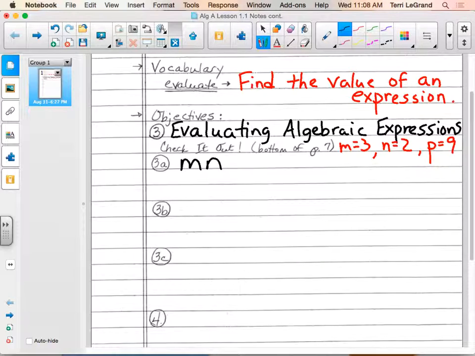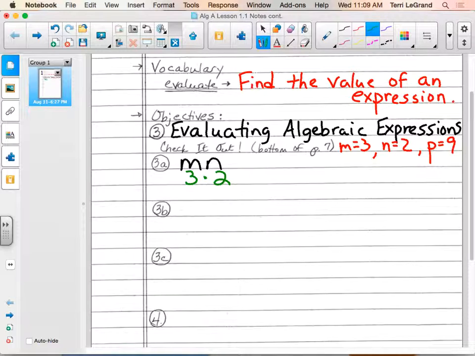So when we substitute in, we need to make sure we understand that we need to do the operation of multiplication. So now we're going to do what you wanted to do there, Cody, and that is put the 3 in for the m and the 2 in for the n, and you'll show that substitution step, it's called. So you'll write the algebraic expression first, you'll show the substitution, and then you'll do the computation. 3 times 2 is 6.